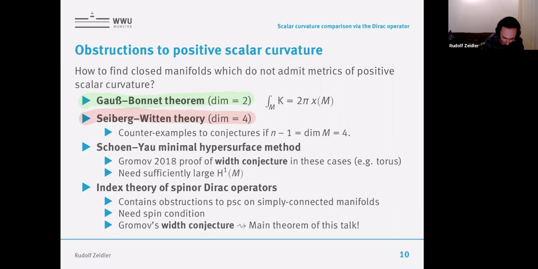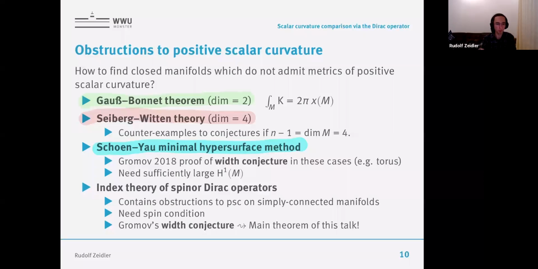But going into more general dimensions, there is the Schoen-Yau minimal hypersurface method. In all these cases where this method applies, Gromov in his 2018 paper proved that the conjecture holds more or less. In particular, this covers the torus. There are, however, some issues with this.